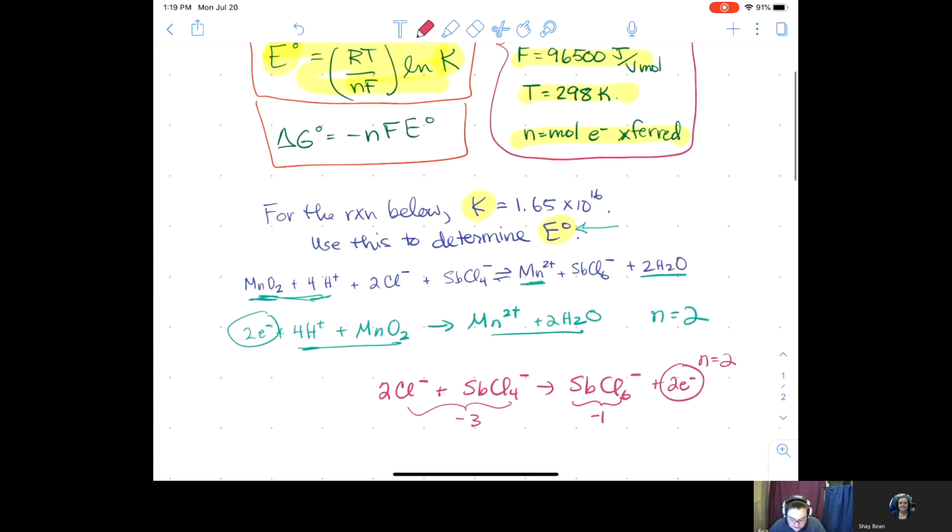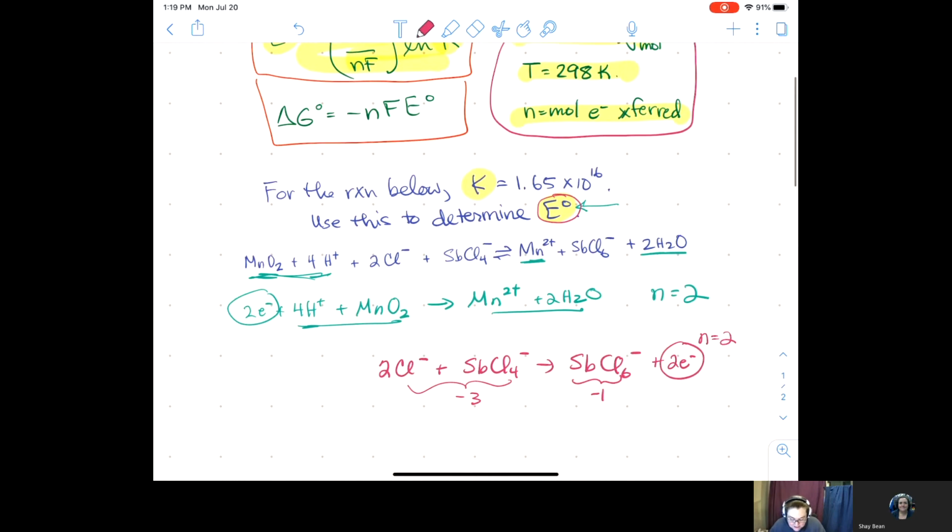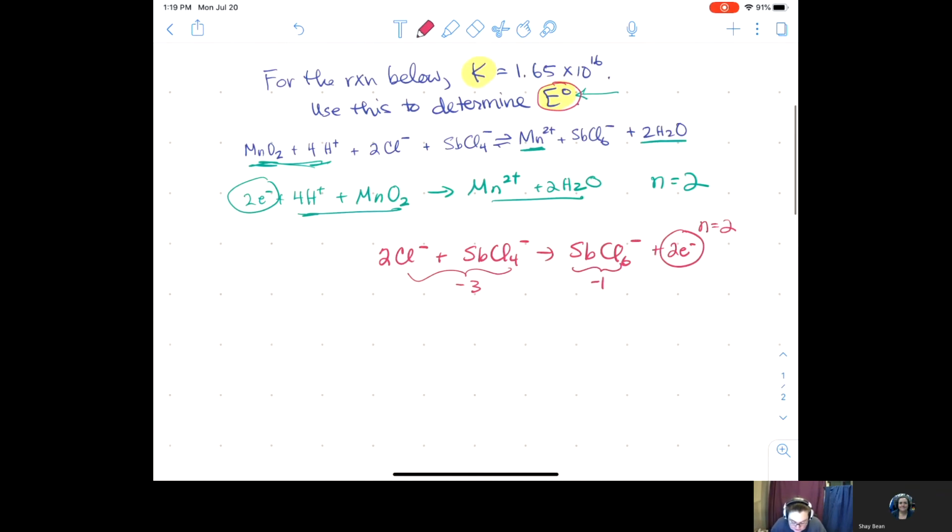So now I've got my values that I need for my equation. I'm trying to solve for E naught. And so E naught equals, let me rewrite the equation, RT over NF log K. Now I'm ready to plug in numerical values. R is 8.314, that's in joules. T is 298.